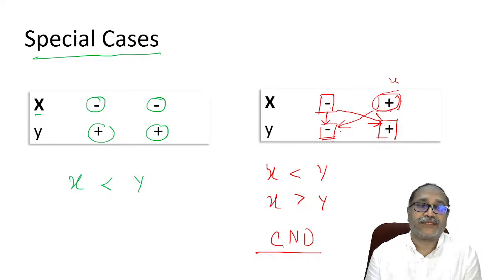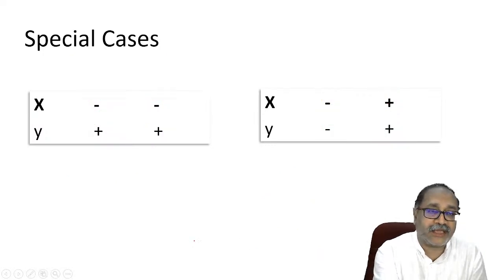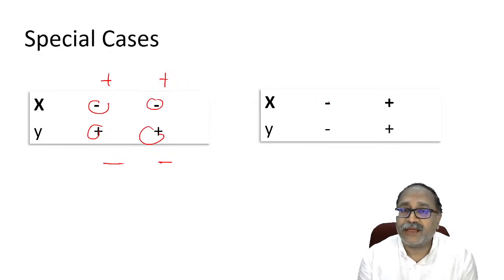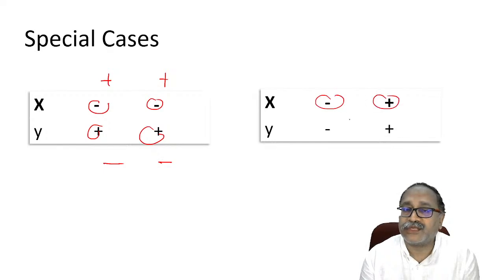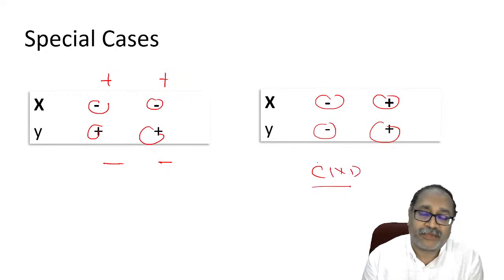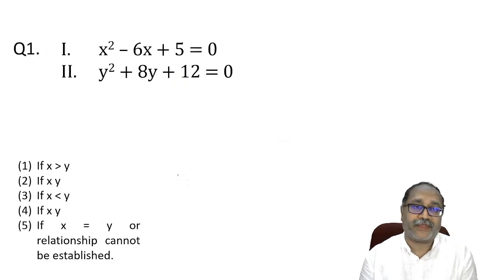So if the signs are the same, both minus here and both plus here, or both plus here and both minus here, then we don't need the value; we can conclude with the help of the sign. And if one is negative and one is positive here, and also here, the answer should be cannot be determined. Let's take one example of this.